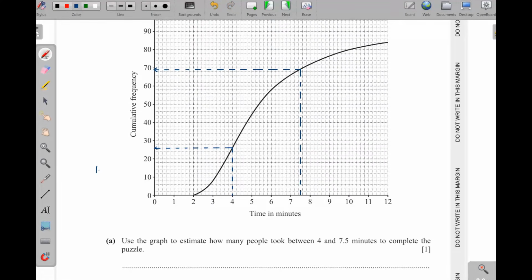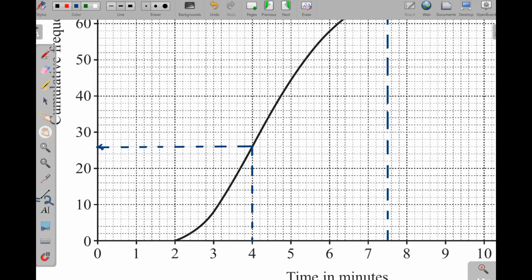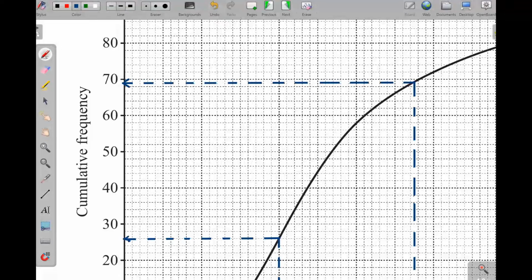Let us find out. So one small box here is equivalent to, they are adding 10 every now and then, but there are 5 small boxes in here. So this one is equivalent to 2. That means here we are having, this is 62, 64, 66, 68. Then in here it has to be 69, right?